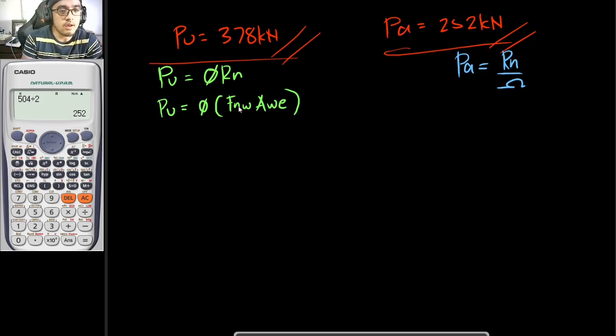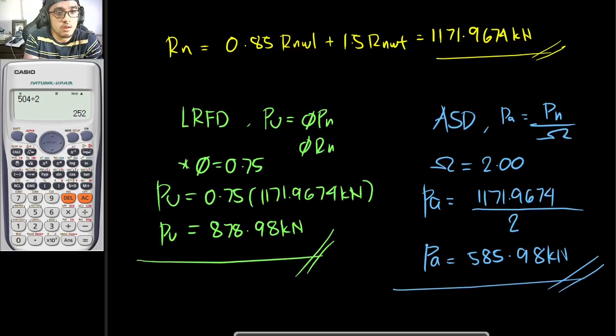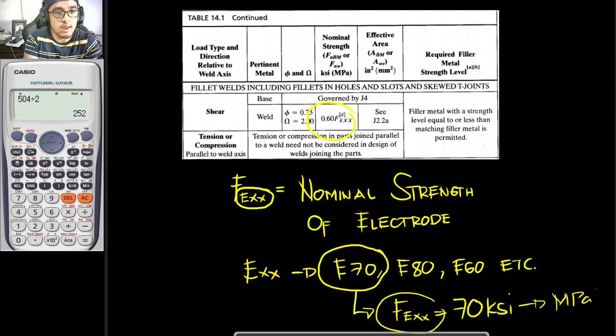So there, for our Pu, that is to be 378 kilonewtons. So 378 times 10 raised to 3 newtons. And that is equal to phi, and our phi in welded connection is equal to 0.75. And our Fnw, or the strength of the weld, going back to this table right here, once again, it is 60% of FEXX, the strength of our weld.